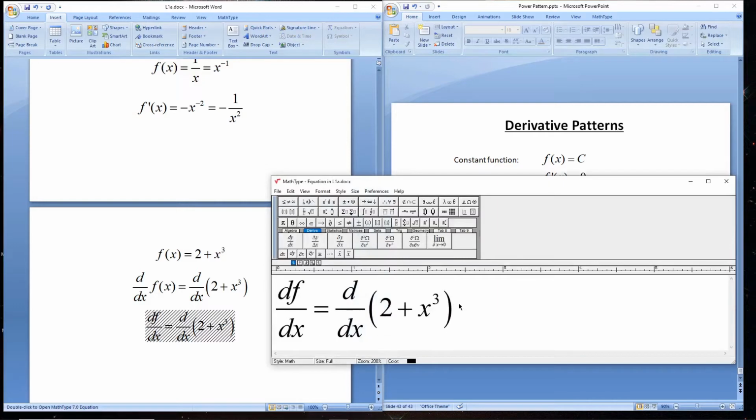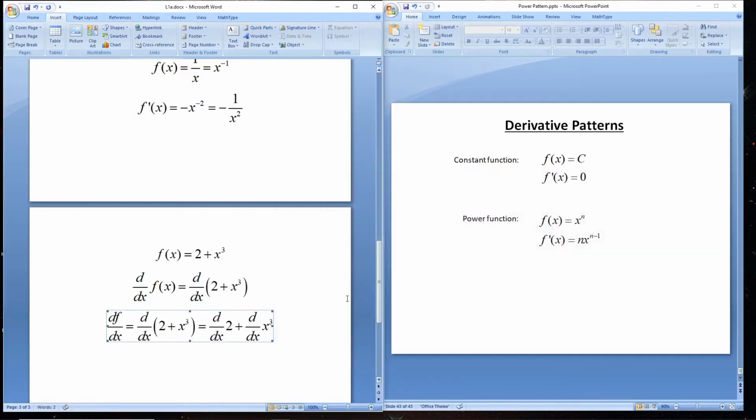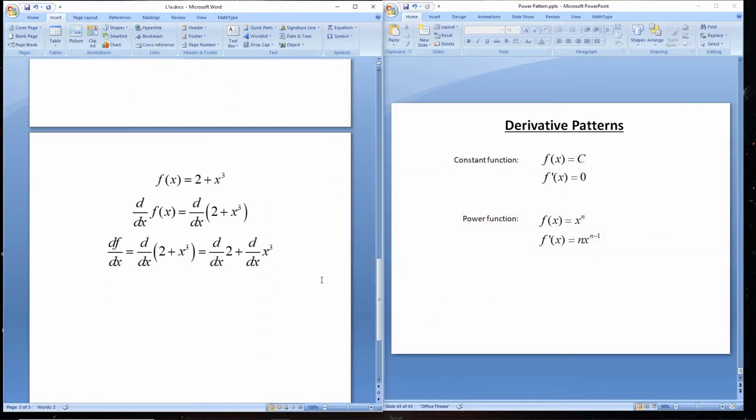And on the right side here, the derivative distributes. So again, d over dx, think of it as a command. It's saying take the derivative of this thing that's next.